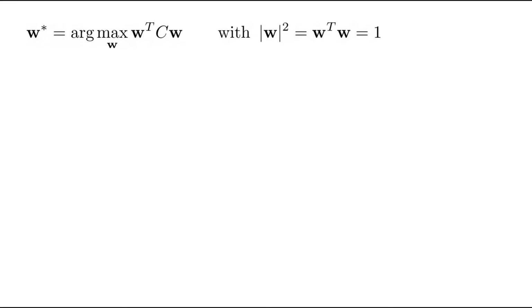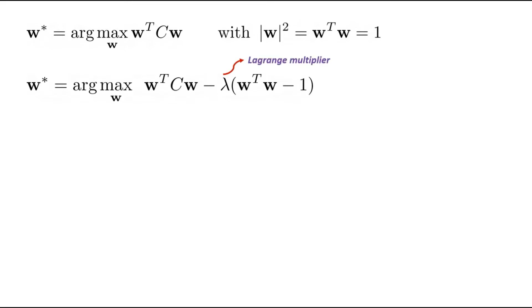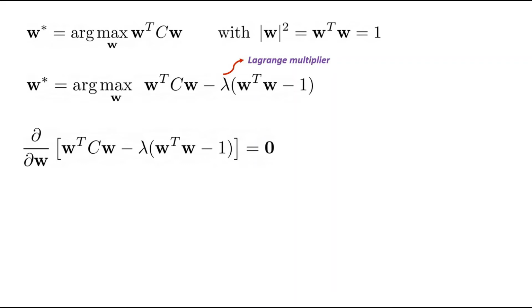The way to maximize an expression with equality constraints is to introduce a Lagrange multiplier. If you're not familiar with Lagrange multipliers, just Google it. The easiest way to find the value of w that maximizes this expression is by differentiating with respect to the vector w and setting the expression equal to 0.